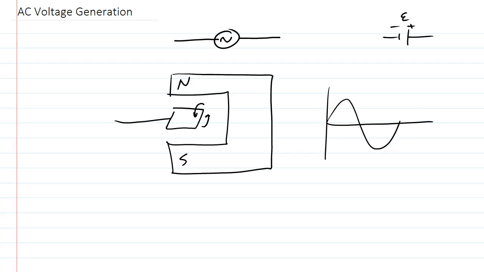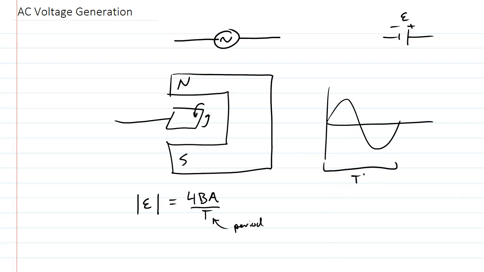And so we've already talked about the math behind this, and when we worked it all out, the voltage that we found was 4BA all over T. Now T was the period, which is basically the time it takes to take one full path through a wave.